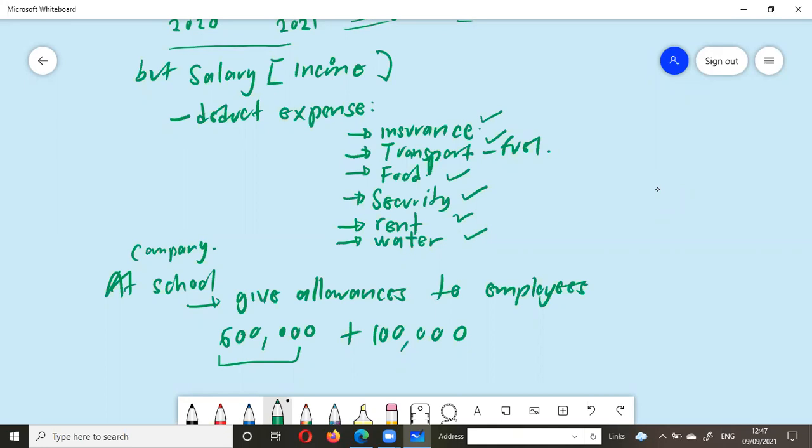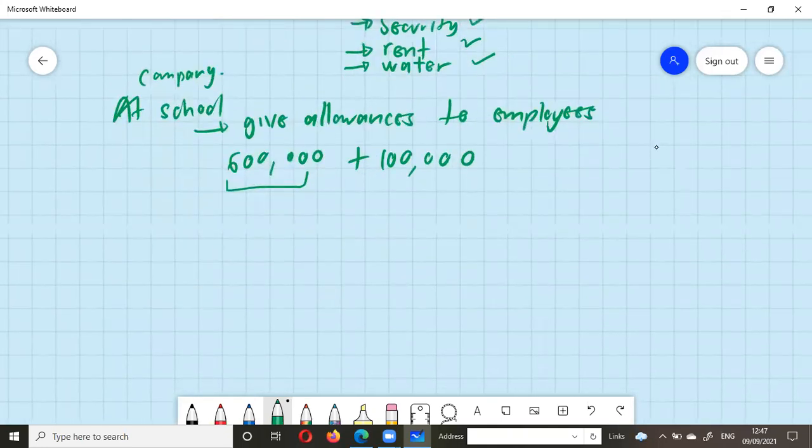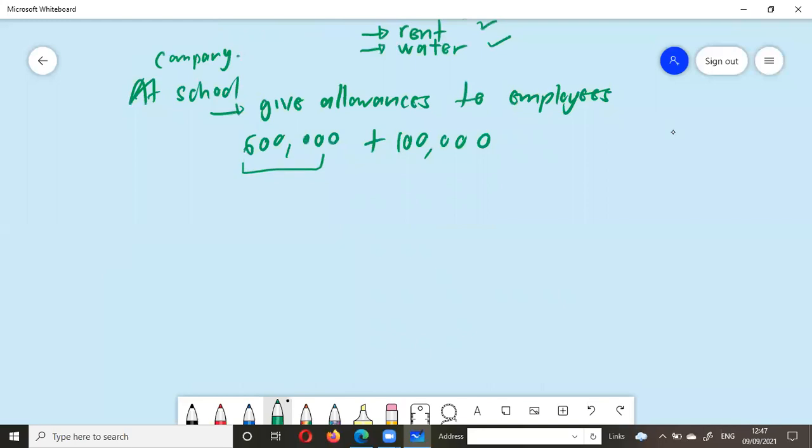Before the government charges, suppose, I don't know if you have heard people complaining a lot when they are paid via bank. Someone is paid 800,000 at the workplace, but when he goes to check the amount there, he has 600,000. What do you think has happened?